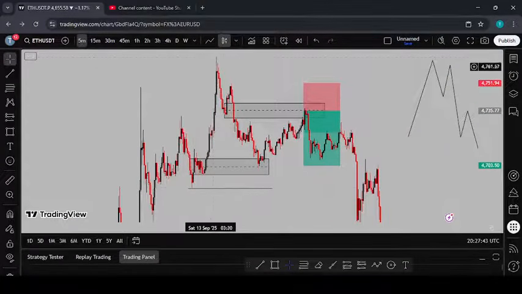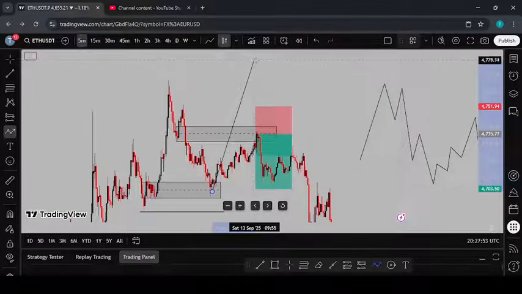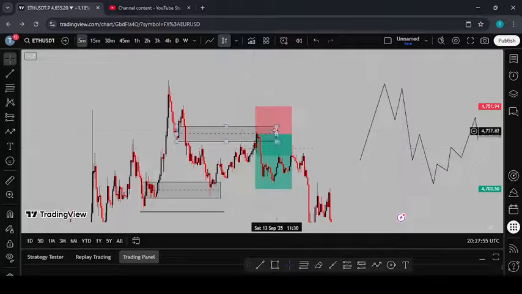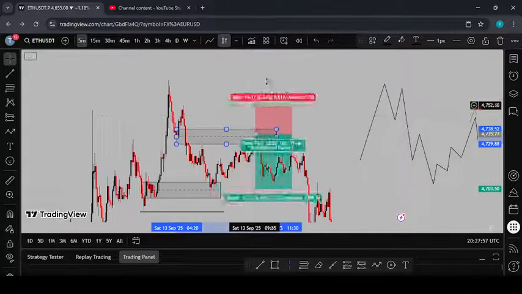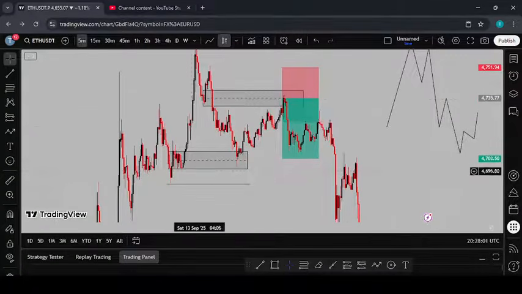This is a low, this is a high. The market came down, tapped into the POI. We're supposed to expect the market to create what? A new high, right? So selling directly from here, aggressively from here, would be a risky move. Why? Because the market can just take it out.